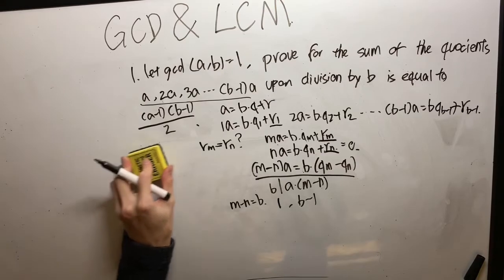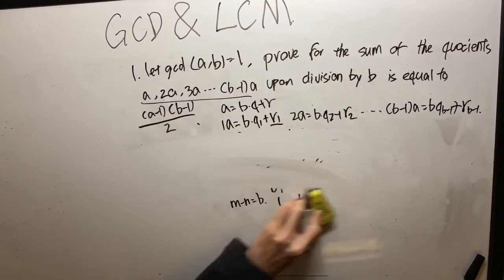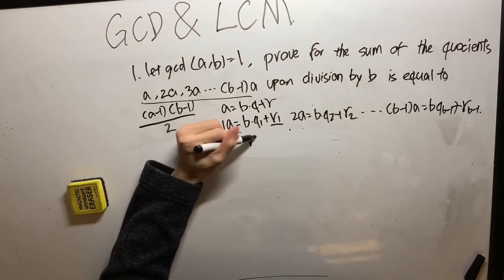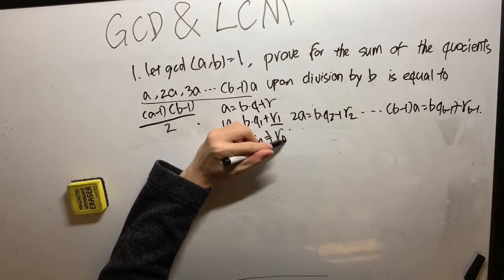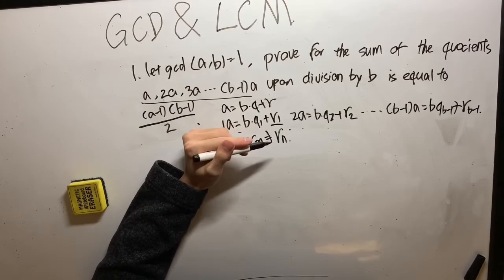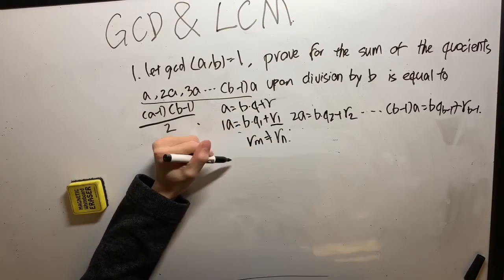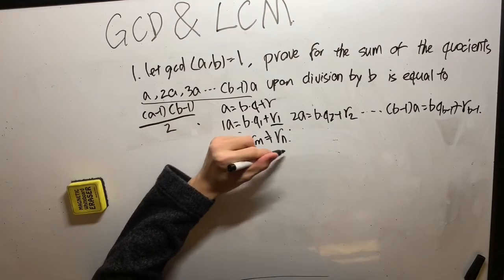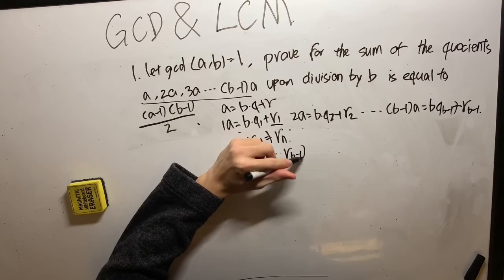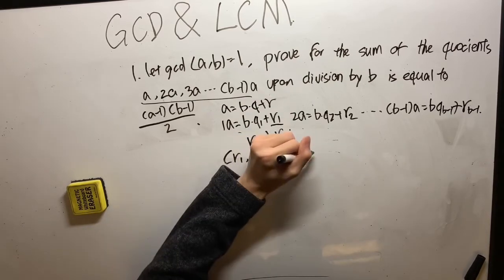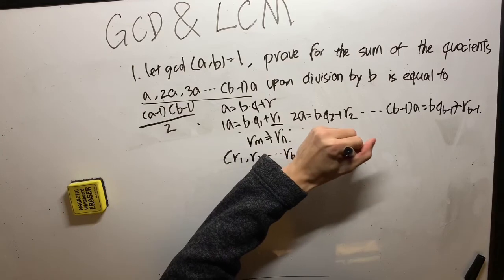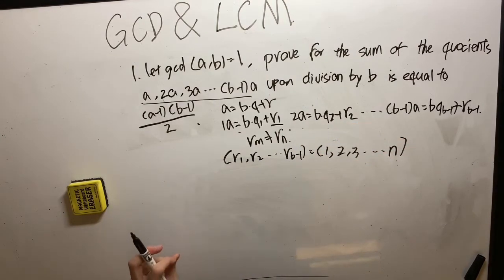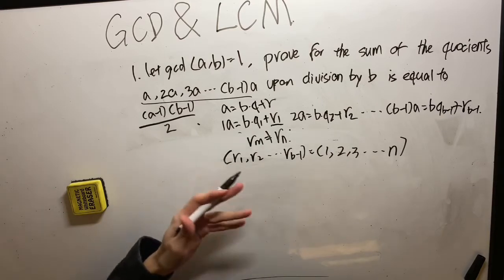So this proves that for any R, they will not equal each other. Hence, this means that the set of R1, R2, up to R of B minus 1 is the same as 1, 2, 3, up to some number n. That makes the question easier.